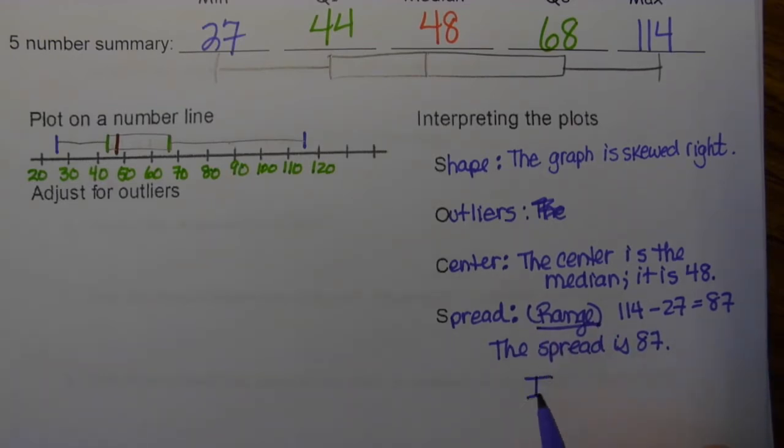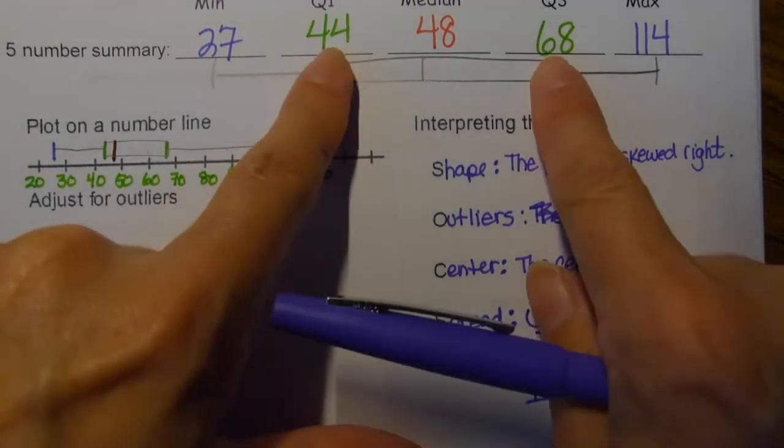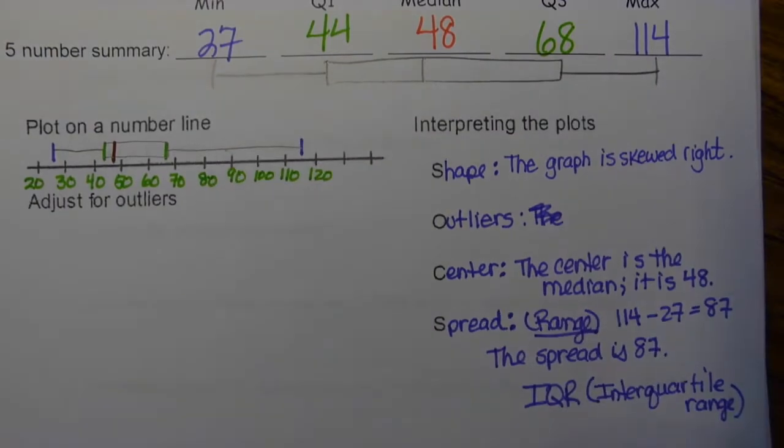We also have an IQR. And you can write the words IQR. You don't have to write it out, but you should know it stands for the interquartile range. And that's easy, right? We would just take Q3 minus Q1.